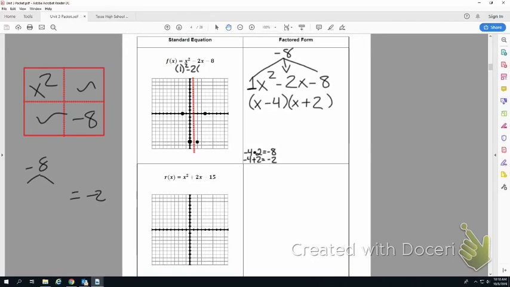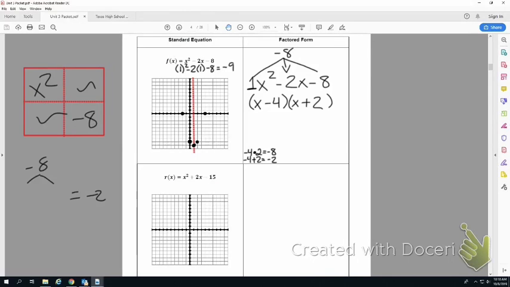And to find the y value of my vertex, I would just plug my axis of symmetry into the equation. So that's going to be 1 minus 2 minus 8, which is negative 9. So now you have all that information. You can easily graph that parabola.